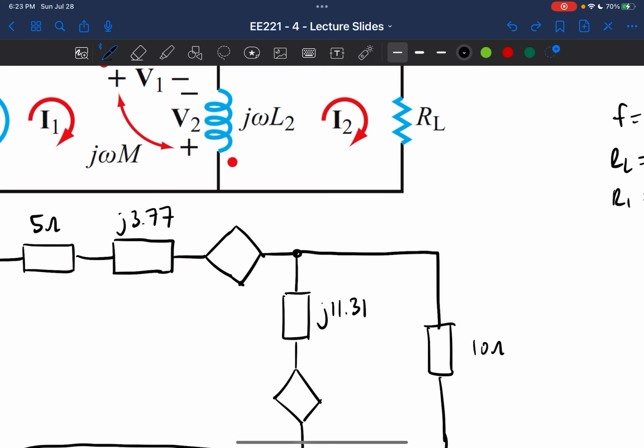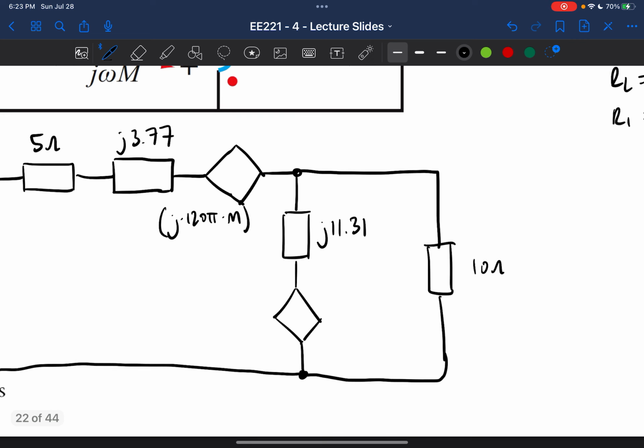We know we're going to multiply by j times 120 pi times M, and then we need to multiply by the current that induced that source. If you're wondering where 120 pi came from, it's 60 hertz times 2 pi.